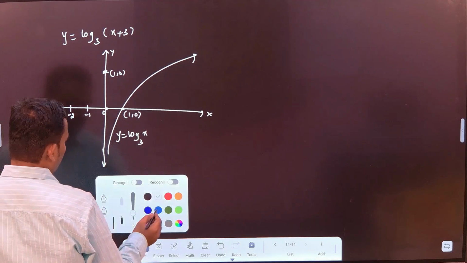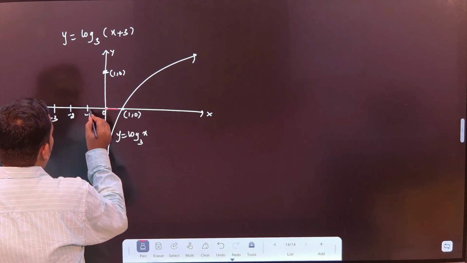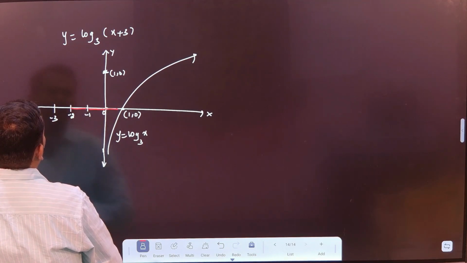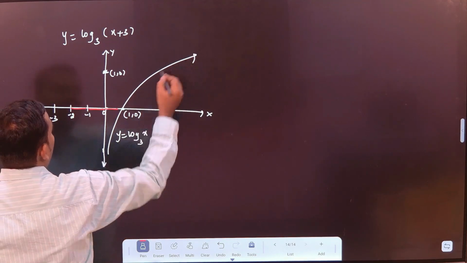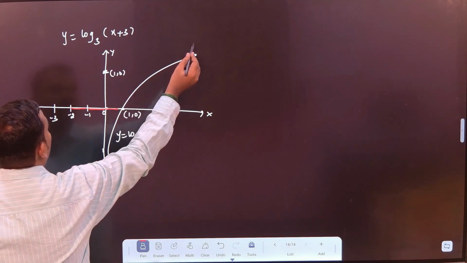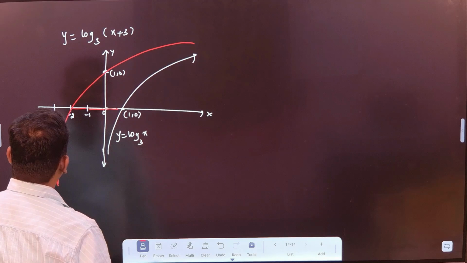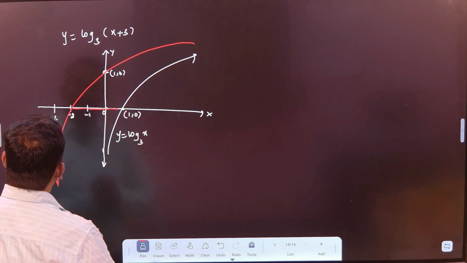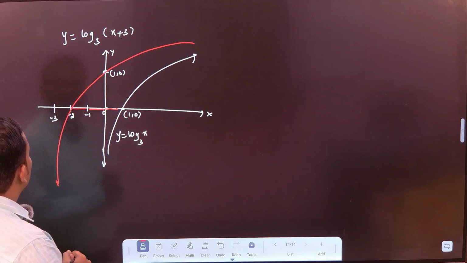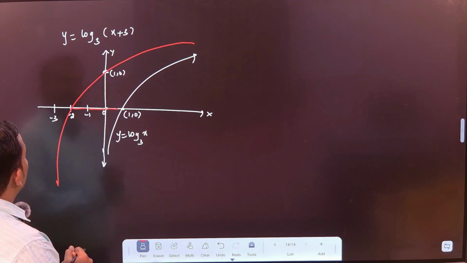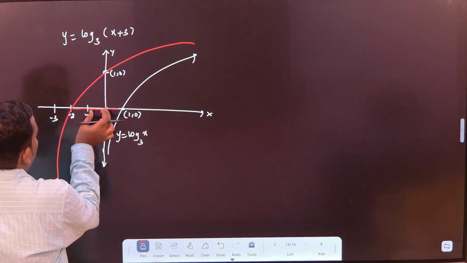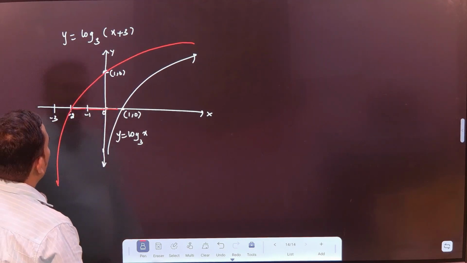You can see, student, this is 1 unit, 2 units, 3 units, right? 3 units shift left. The graph will go like this, right? Understand? The 1, 2, 3 units, right?